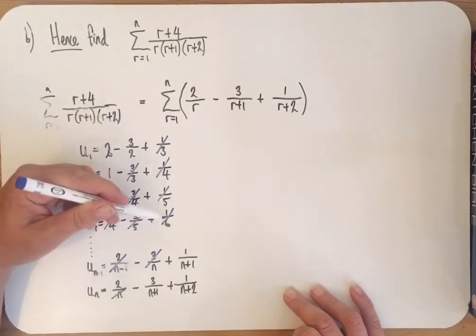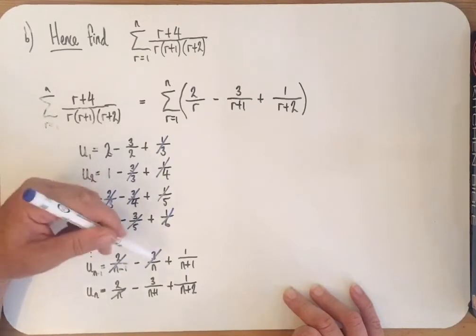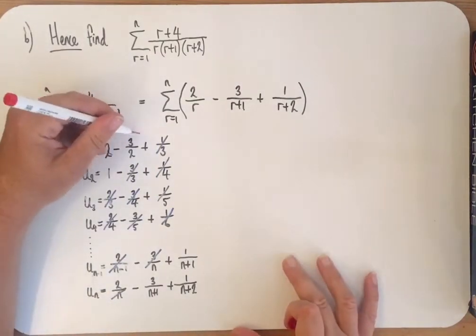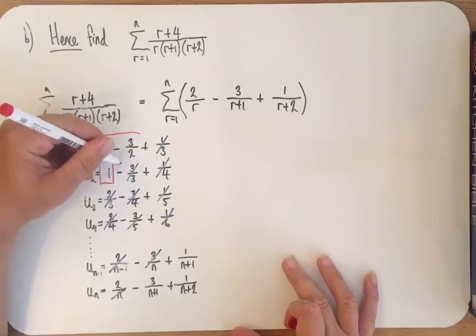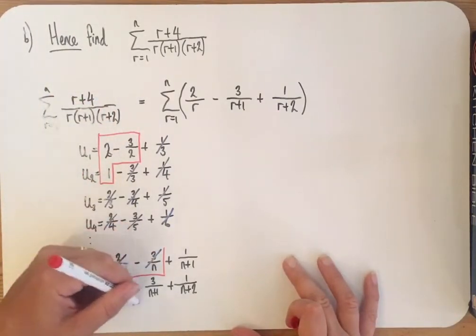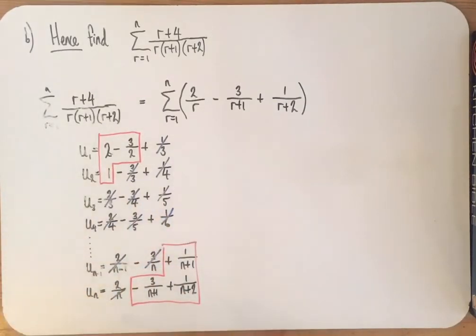That one will have 2 above it on a diagonal, which will cancel off. And then you're left with the 3 terms at the beginning. So you're left with these ones here and the 3 terms at the end. Don't forget to include their sign as well.